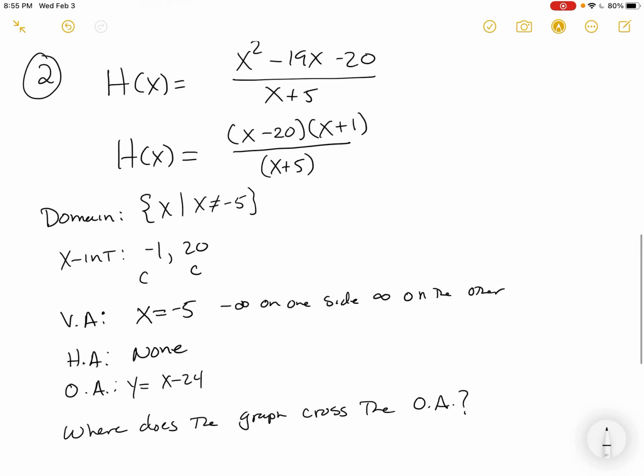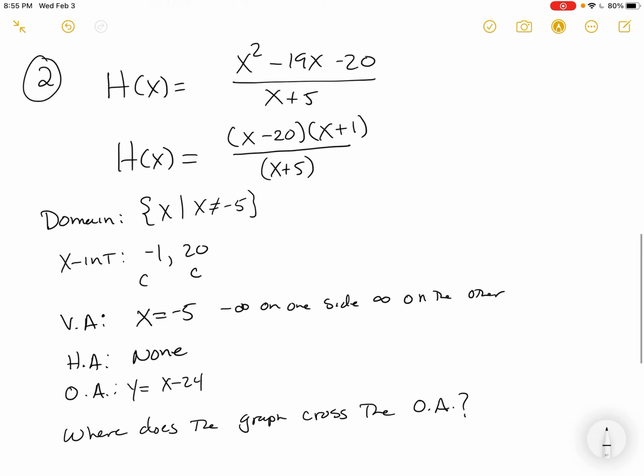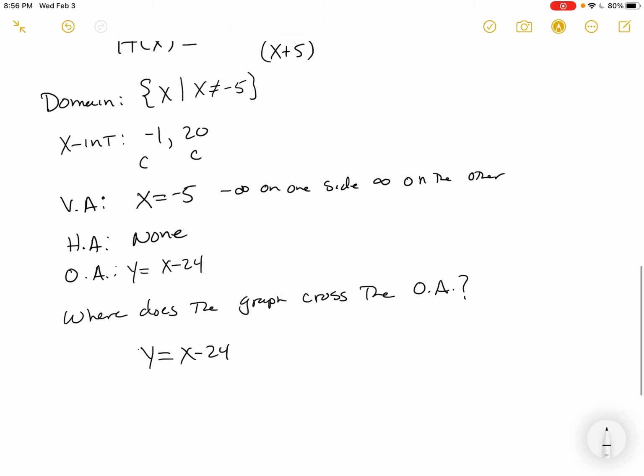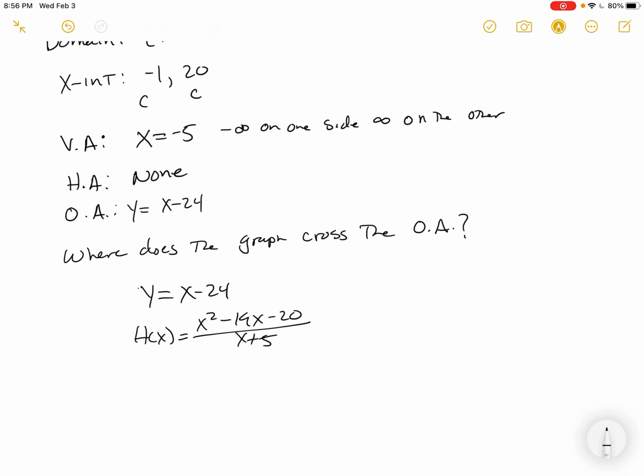Well, let's find out. I think it's easiest to use the top version there. So the question is, you have two things. You have y equals x minus 24, and you have h of x equaling x squared minus 19x minus 20 all over x plus 5. So you're solving a system of two nonlinear equations, which you've done earlier in this class.